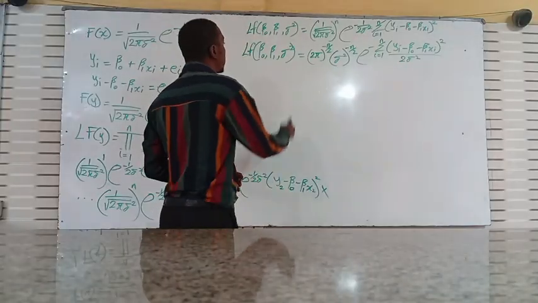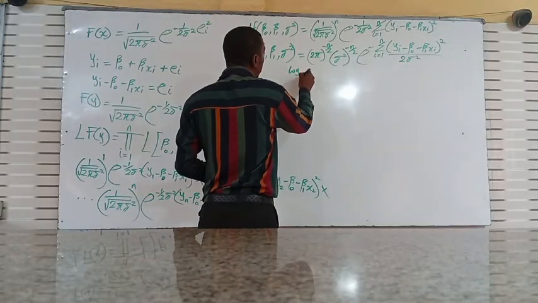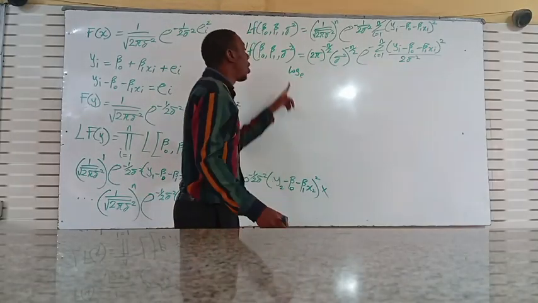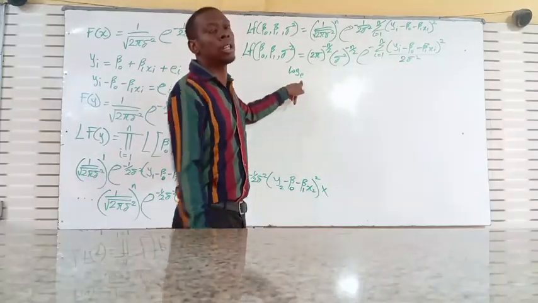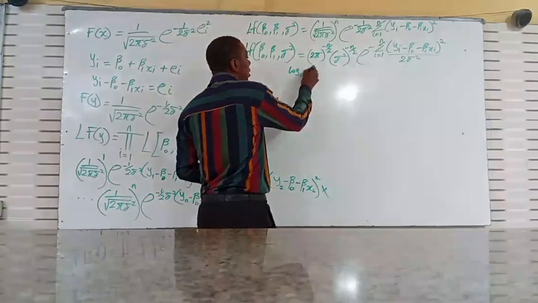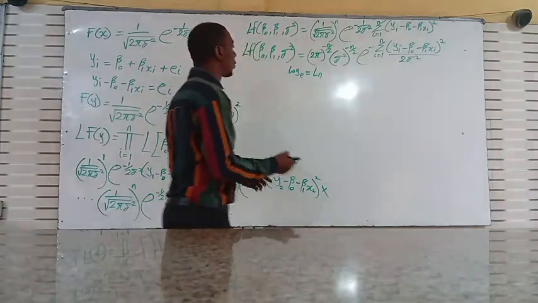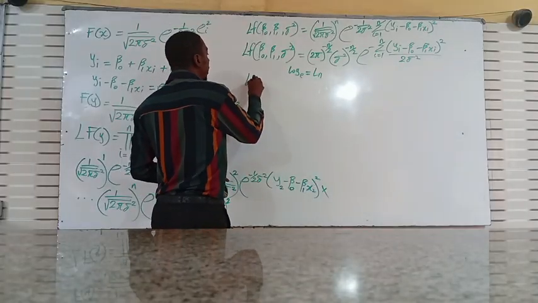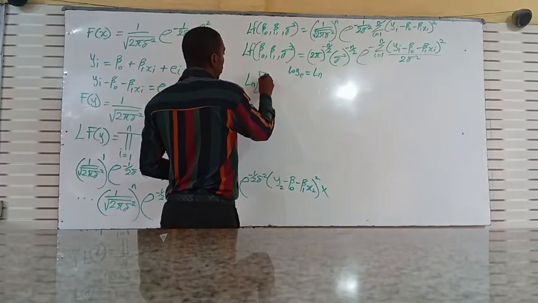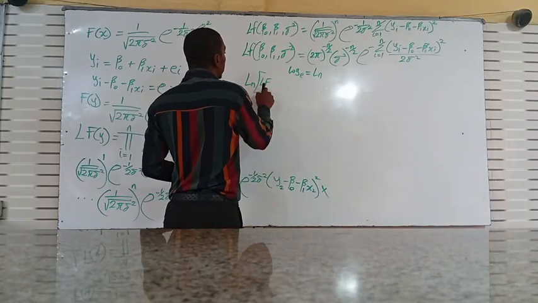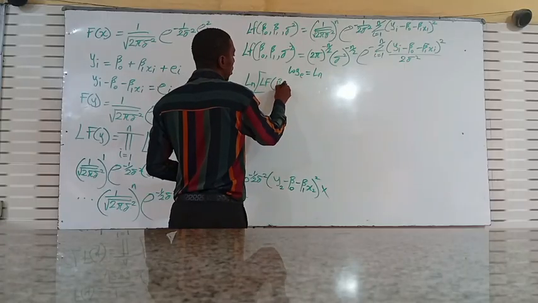So next is to take log of both sides, and we are taking the natural logarithm, log of base e, which is the same thing as saying ln. So ln of the likelihood function, this.